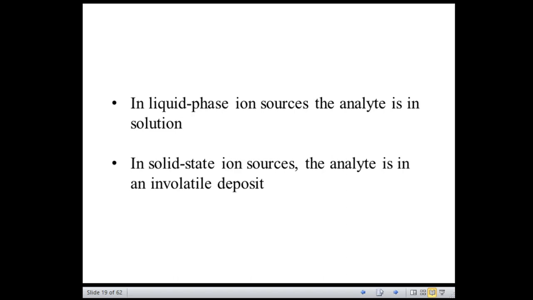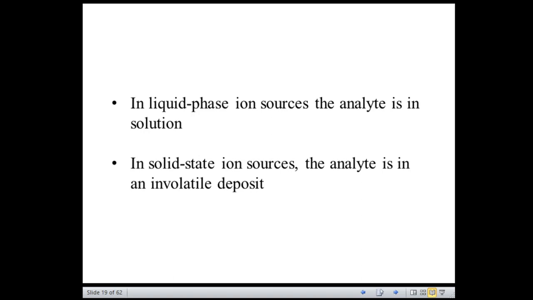So both these methods, the liquid phase ion source and the solid state ion source, are applicable when the molecules are thermally labile and do not have sufficient vapor pressure.